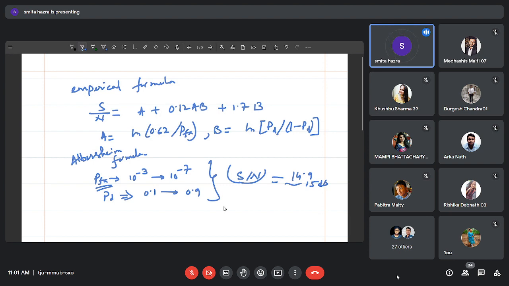So if we maintain the S by N ratio near 15 dB, and if this is 10 to the power minus 7, then we get the probability of detection like this. If this is 10 to the power minus 3, the detection will be with the probability of 0.1. So this gives us a ratio of the kind of things.